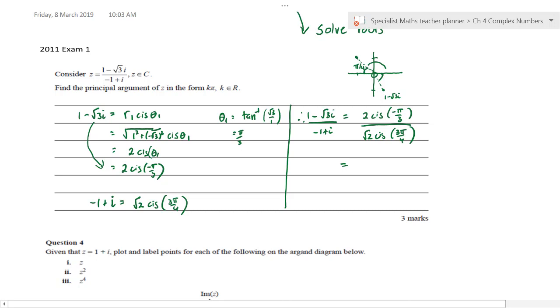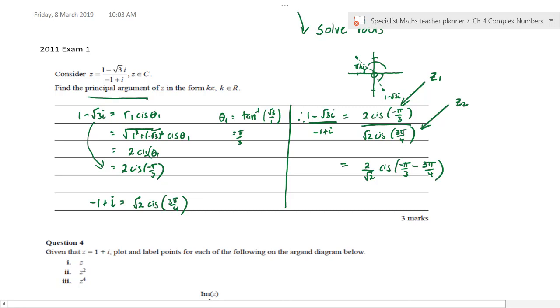If I had this as Z1 and this was Z2, I'm actually just dividing the moduli, and I'm then subtracting the denominator's argument from the other. So that is equal to 2 over root 2 cis of minus pi on 3 minus 3 pi on 4.